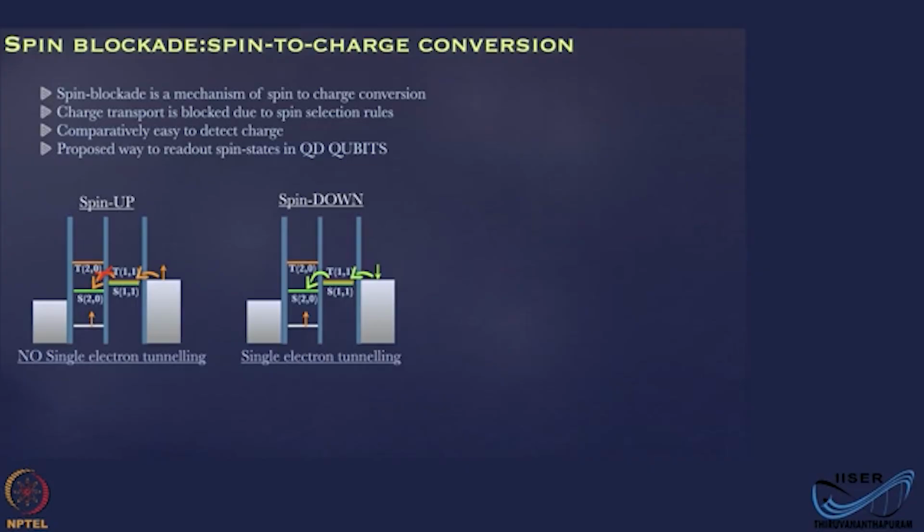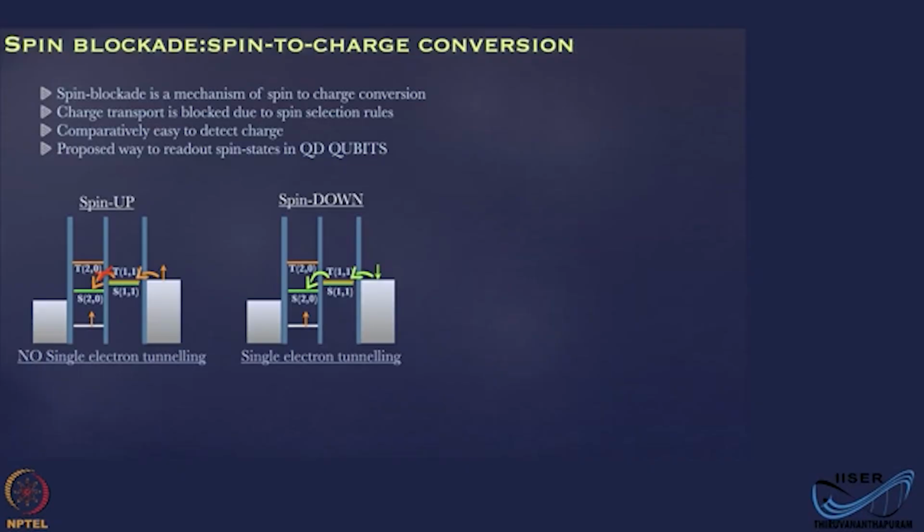But now this spin blockade is giving you a lever or a handle to detect the spin state by observing the transport, because depending upon which way the spin is aligned, up or down, the transport happens or gets blocked. So just by sensing the tunneling event of the electronic charge, you can tell what the spin state is. So it's a spin to charge conversion recipe.